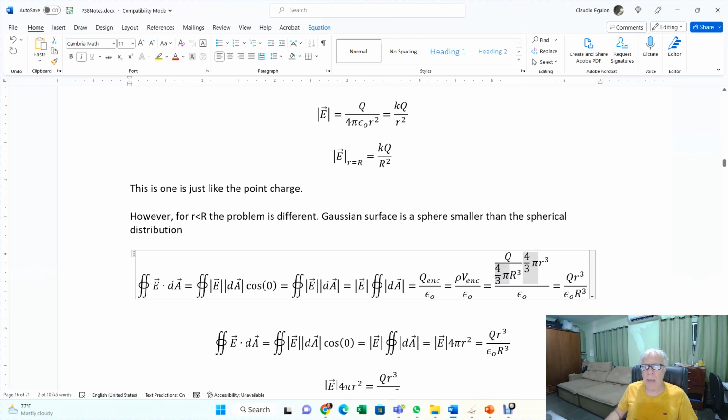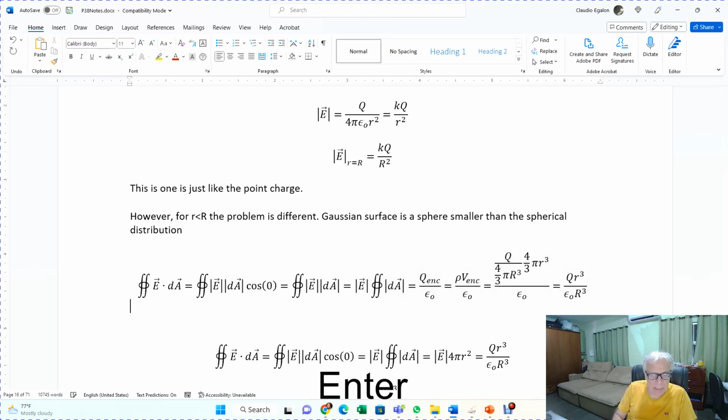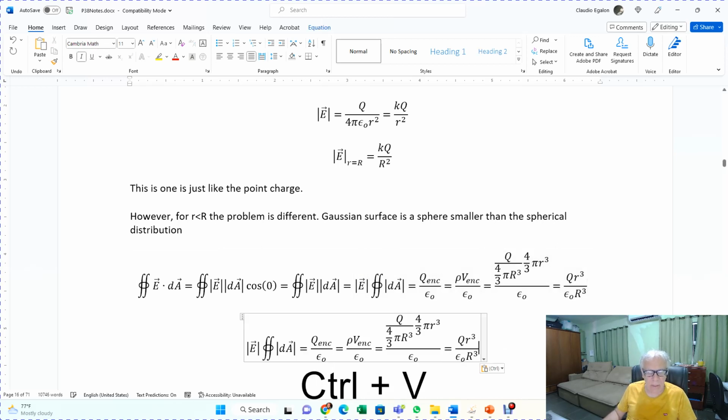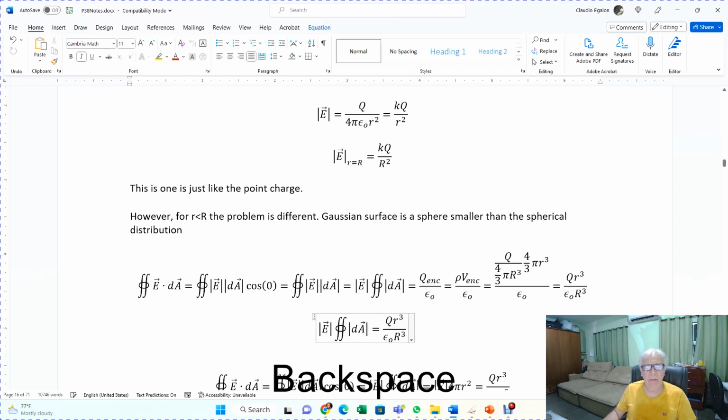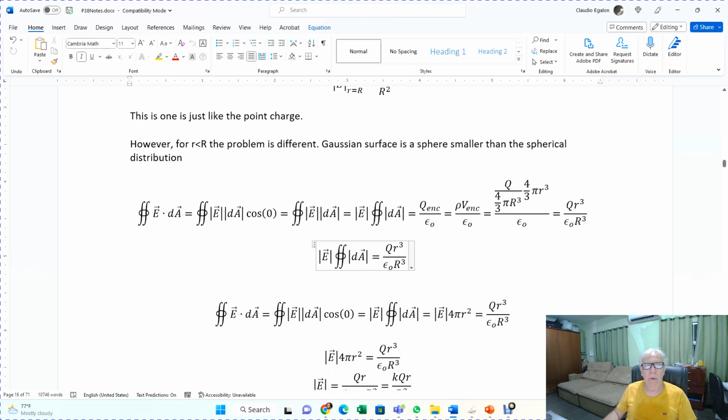When you cancel them out, we get a relationship in terms of lowercase r cubed and uppercase R cubed. So what we have is something like that. I'm going to simplify that so you can see the left side is going to be that integral that you saw before, and the right side is going to be that simple relation that you see right in here.